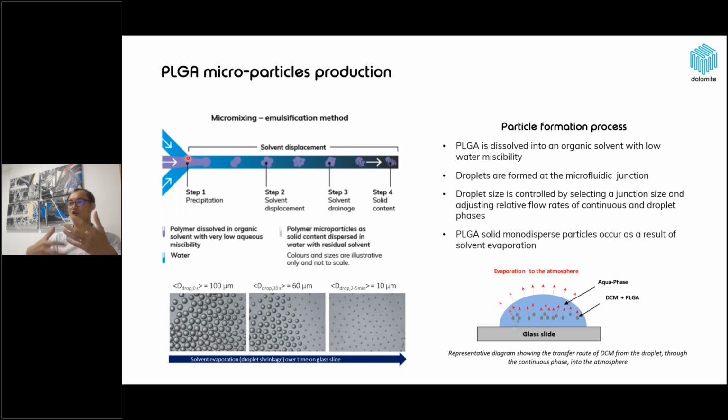Or we can control droplet size by adjusting the relative flow rate of continuous and droplet phase. By just changing the relative flow rate of droplet phase and continuous phase, we can change the droplet size as well. And then the PLGA solid monodisperse particles will occur as the result of the solvent evaporation.